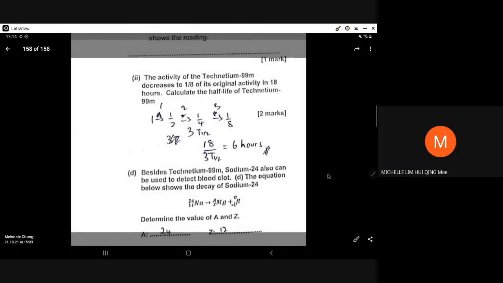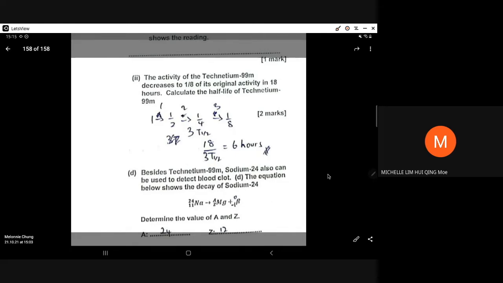Okay, so B2, the question says, the activity of the technetium-99m decreases to 1/8 of its initial activity in 18 hours. So we find exactly how many half-lives is equal to 18 hours, which, as you can see here, is 3 half-lives.